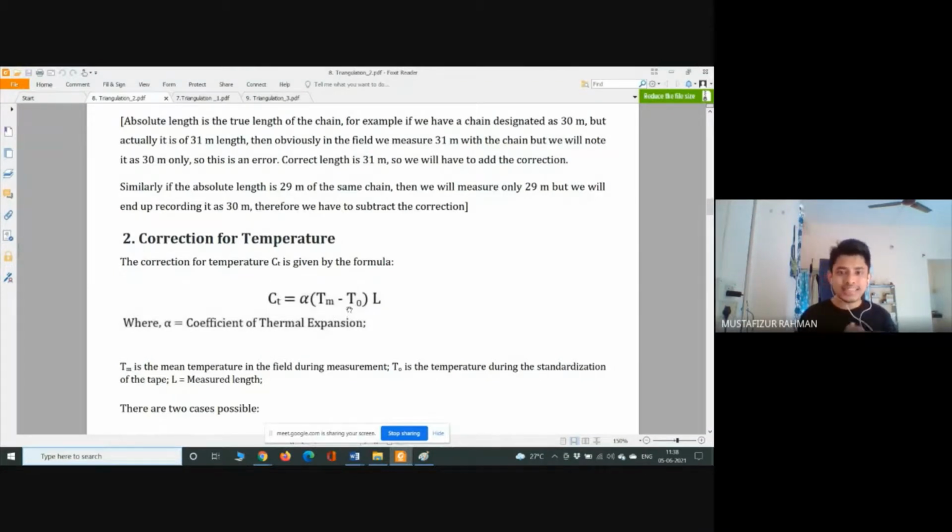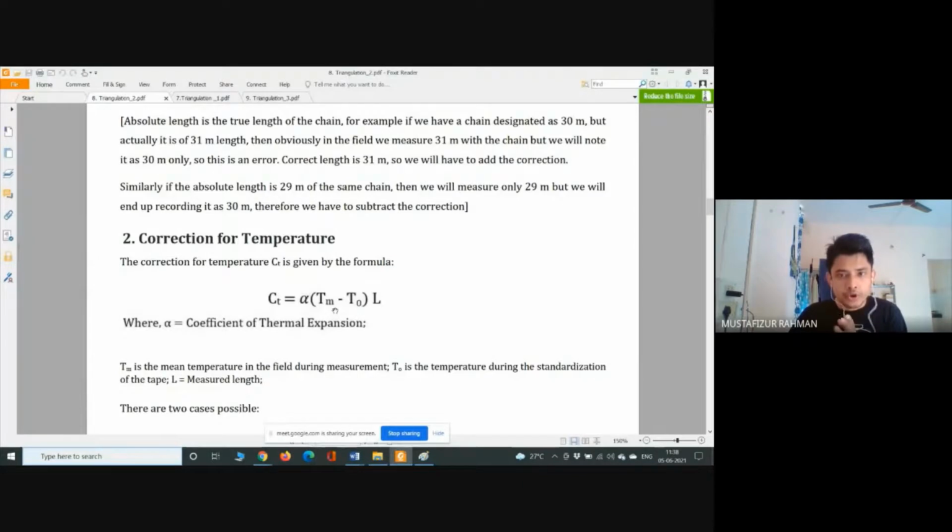T naught is the standard temperature, when the tape or chain was first calibrated or measured, okay, this is a 30-meter chain or 20-meter chain. At that point of time, it was done in which temperature? That is the standardization temperature, right? So this is the value and capital L is the measured length. So this is the same formula for thermal expansion.